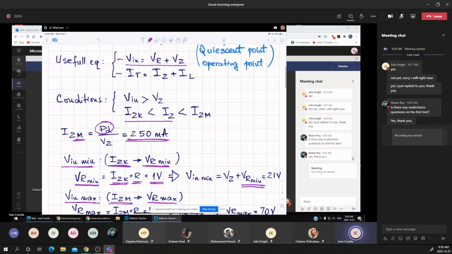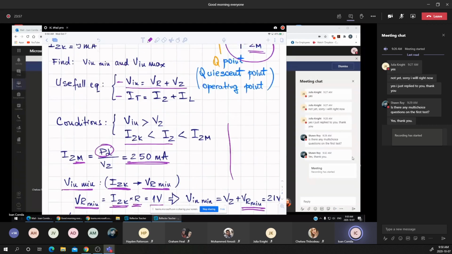Now, in order to make the diagram of the input and the minimum and the maximum voltage, I may make this range, meaning that on one side is the V_in max, and on the other side is the V_in min. The minimum voltage will be 21 volts and the maximum voltage will be 70 volts.